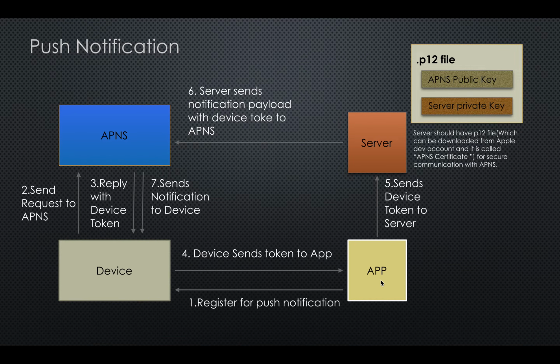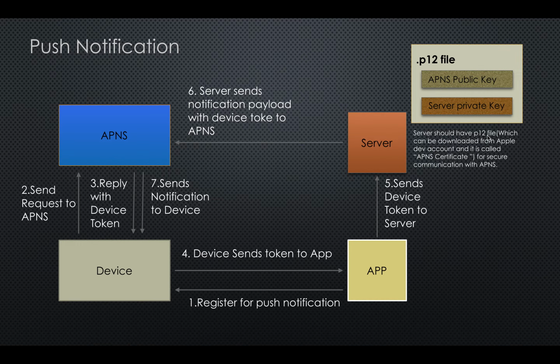So your app will register for push notification. It will send a request to your device that I want to register for a push notification. The device sends a request to APNS server for a device token. APNS server replies with device token, and then it sends the device token back to your application. Then your application sends the device token to your server.